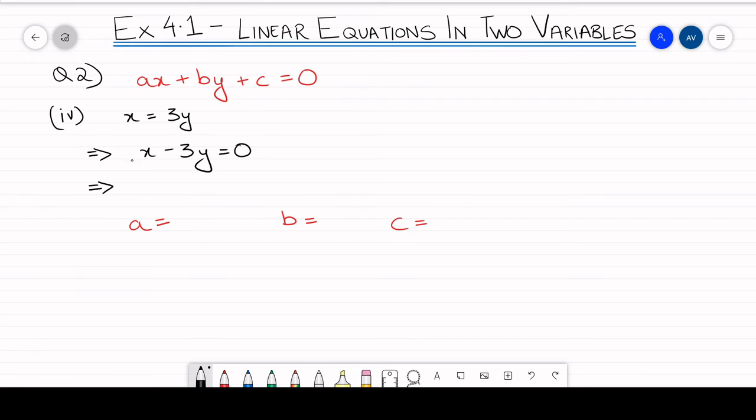However, I'm just going to rewrite this to make it a little more obvious. 1 into x minus 3 into y plus 0 is equal to 0, and the reason I write it like this is so that it's easy to identify. A is equal to 1, b is equal to minus 3, and c is equal to 0.